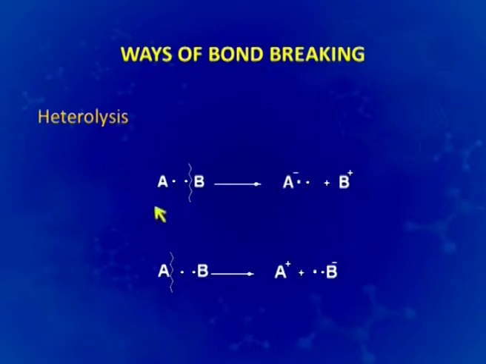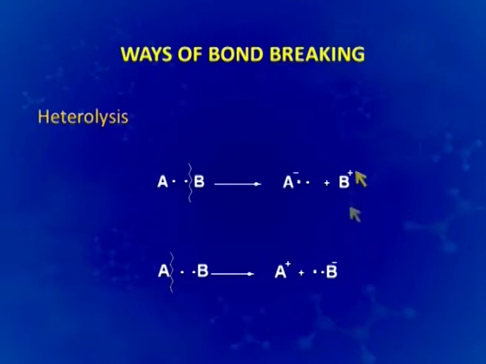What happens as a result of this heterolysis is that A gets the shared pair of electrons and gets a negative charge on itself, whereas the B atom does not have the shared pair of electrons with it, so it is left with a positive charge.